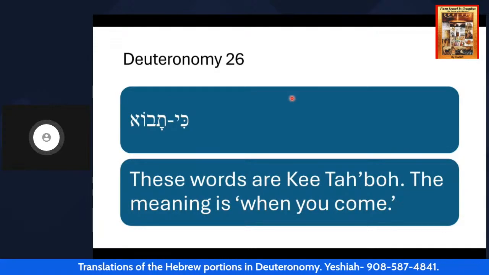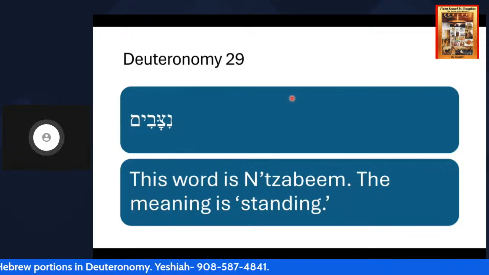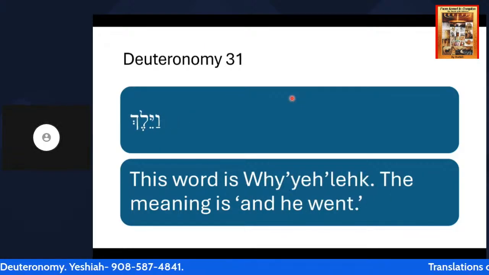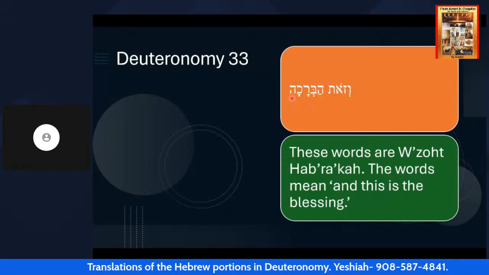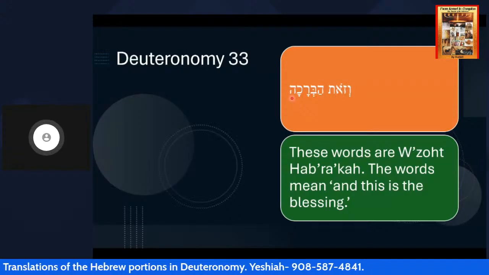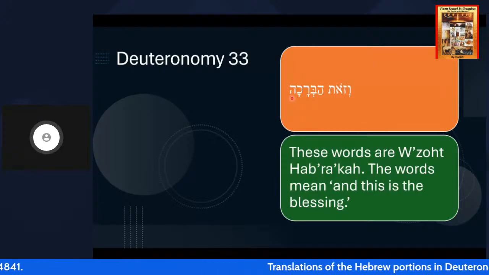Ki Tavo, when you will come. Nitzavim, standing. Vayelech, and he went. Ha'azinu, give ear, pay attention, command form. Vezot Haberakhah, and this is the blessing. So these are the portions that we see in the book of Deuteronomy. Just want to point that out for reference purposes.